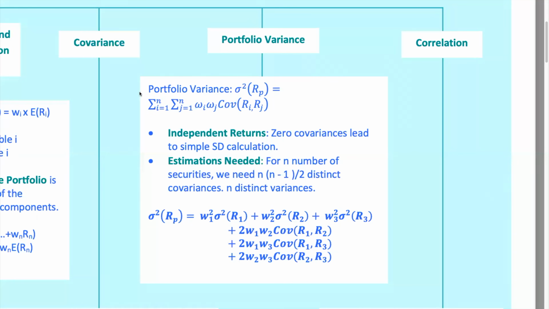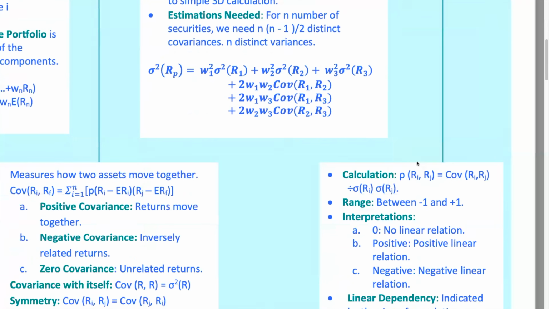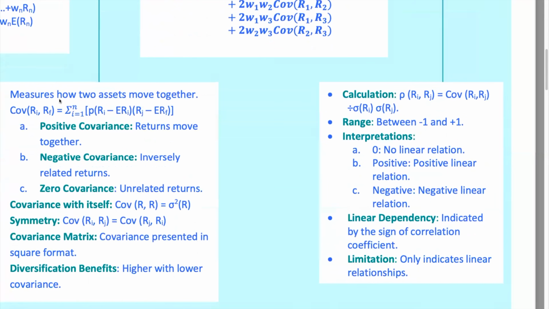Correlation is another concept related to covariance. Correlation is a standardized measure of the relationship between two variables, providing insights into the strength and direction of their linear relationship, ranging from -1 to +1. 0 means no linear relationship, +1 means perfect positive linear relationship.